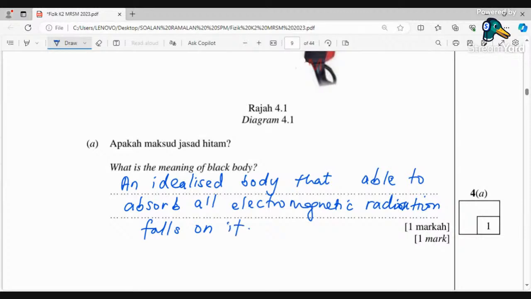Okay, cahaya ke apa ke semua yang jatuh dia akan absorb, dia tak reflect. That's why dia appear black. They call it black body lah.